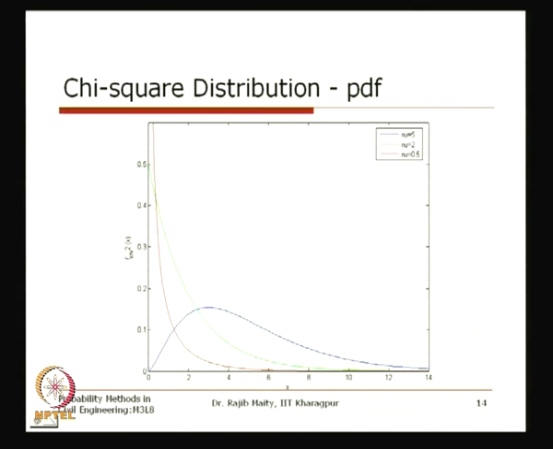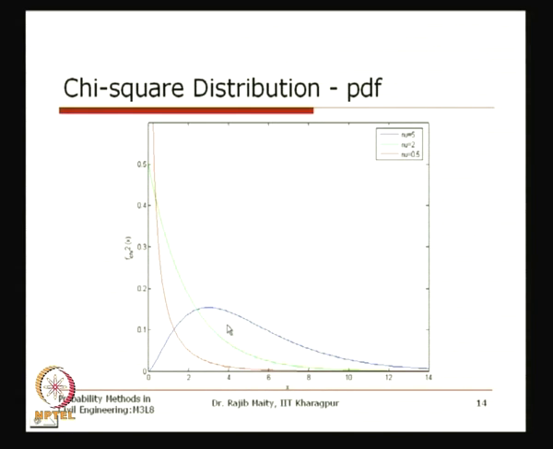Before that, we show how the chi-square distribution looks for different values of nu, the degrees of freedom. Here we have used different combinations of nu, and we are showing that as nu increases, the distribution changes. The blue curve is for the maximum value of nu compared to the green and red ones.